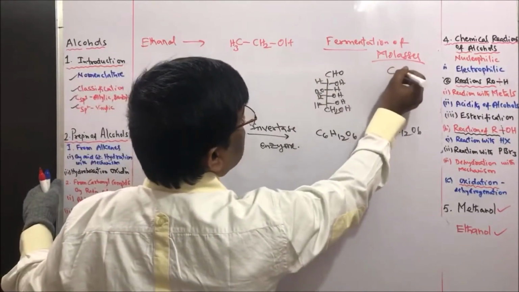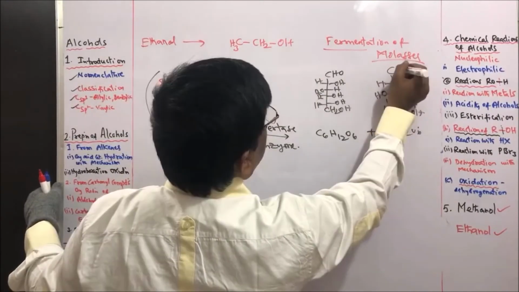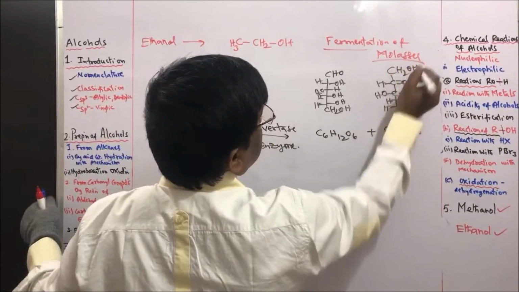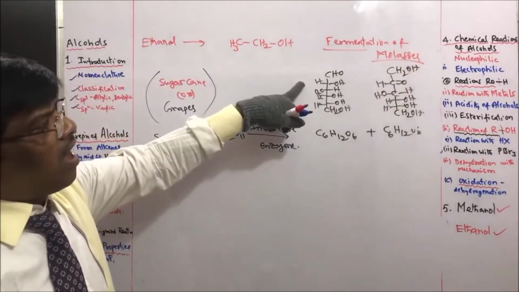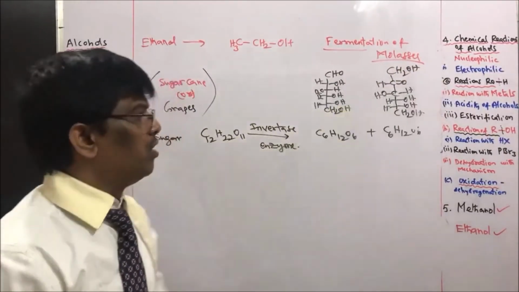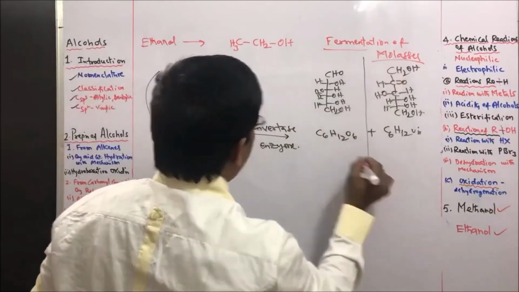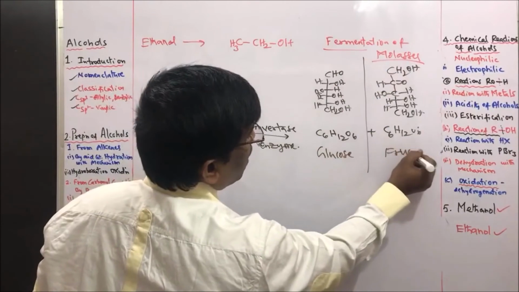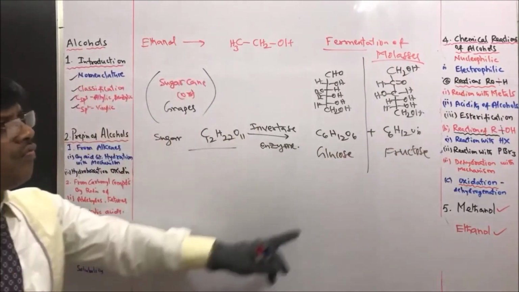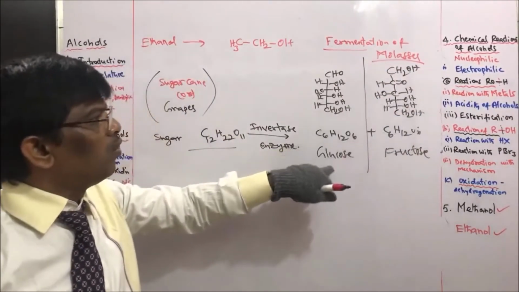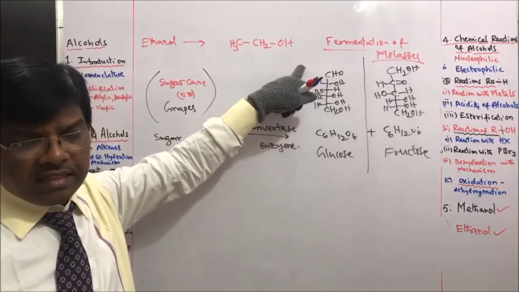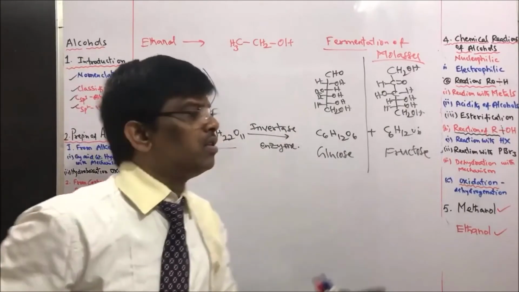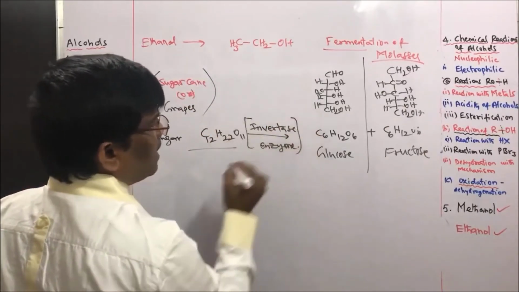When it comes to this carbonyl compound, this is CH2OH, right? So this is aldehyde and this is ketone. So it is going to break sugar into glucose and fructose. Yes, students, fructose is a ketose and glucose is an aldehyde. This is how sugar is going to break into glucose and fructose by using invertase enzyme.